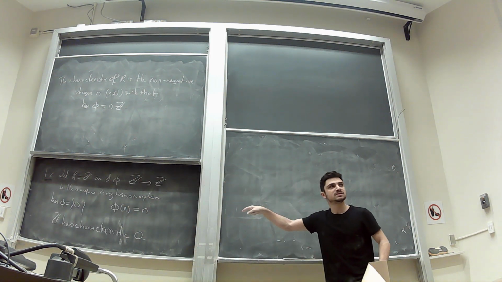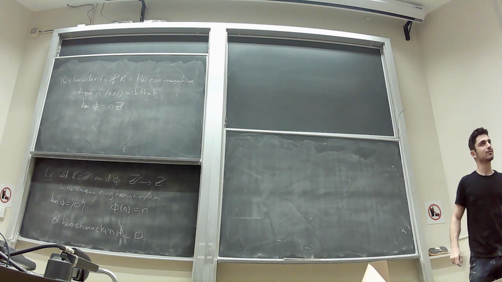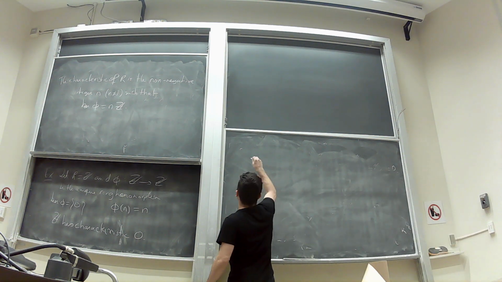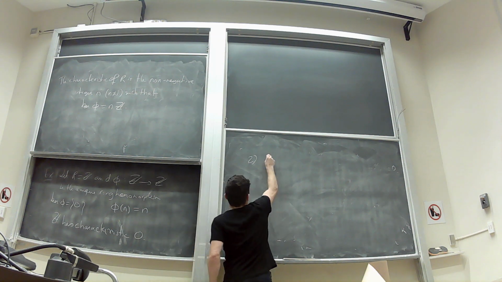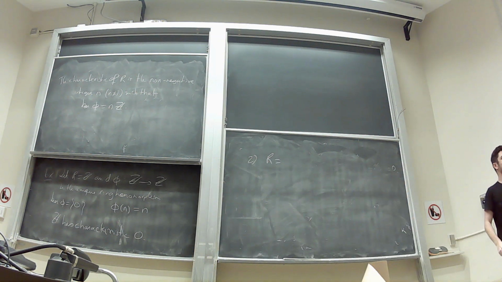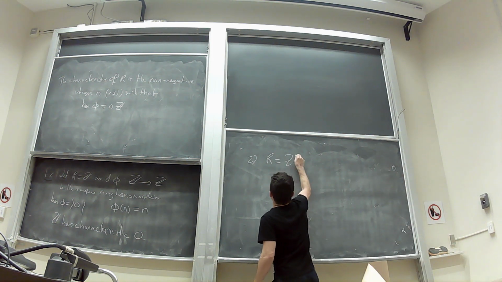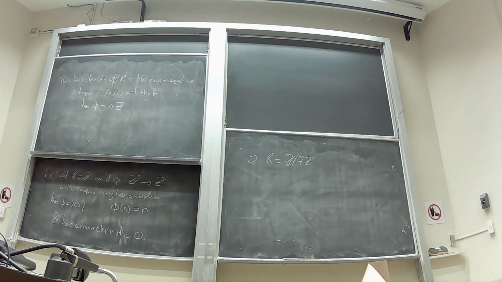If you take phi from Z to Q, you just send 1 to 1, 2 to 2, 3 to 3, 4 to 4, 5 to 5, 6 to 6. So phi will be injective and the kernel will be exactly 0. Great. Now let's give another example. Let R be... What's your favorite number? Pick one number. 7. R is Z mod 7Z.